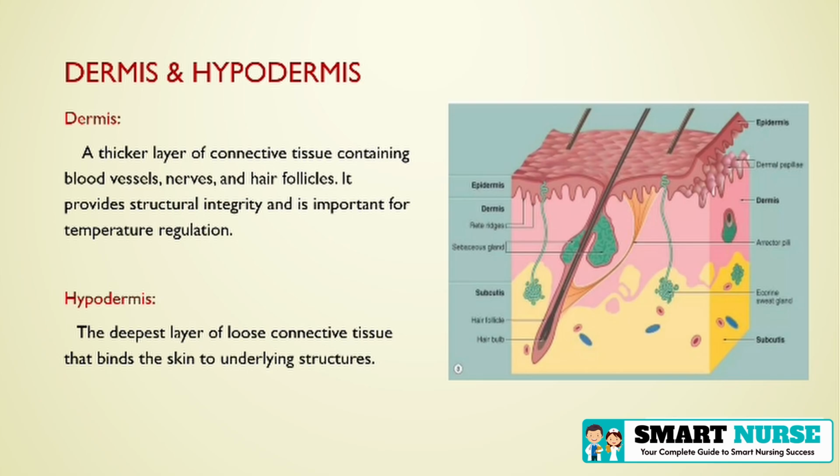The hypodermis is also known as the subcutaneous layer, the deepest layer of fat and connective tissue that anchors the skin to the underlying muscles and provides insulation and nutrients to our skin. The hypodermis is the deepest layer of loose connective tissue that binds the skin to underlying structures.